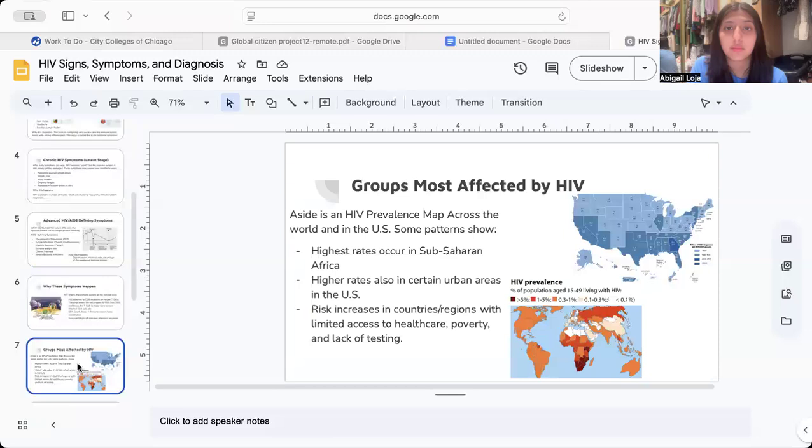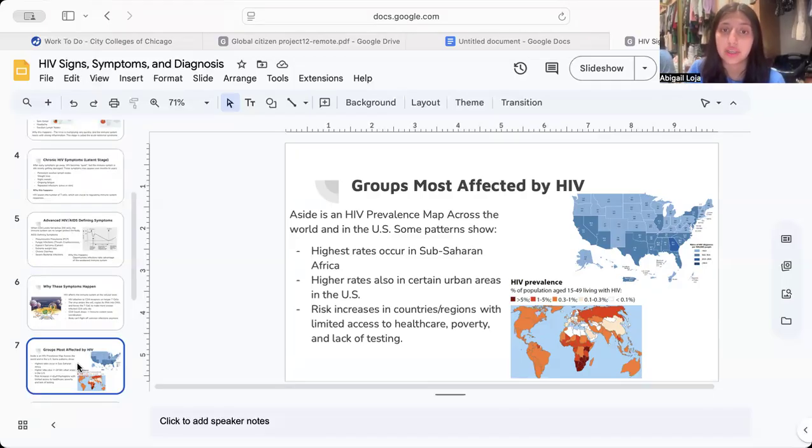So for groups that are most affected by HIV, there's a map showing the HIV prevalence, across all 7 continents, and one specifically for the US. Some patterns show that the higher rates occur in sub-Saharan Africa. So you see the darker red is towards Southern Africa, which is where it's the most concentrated.